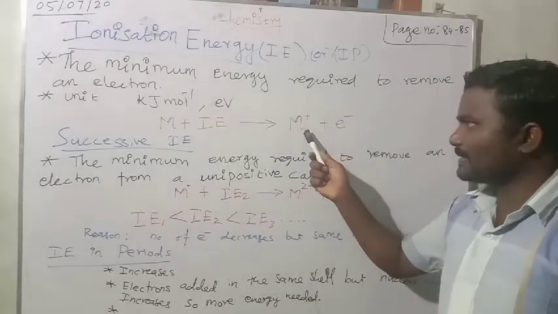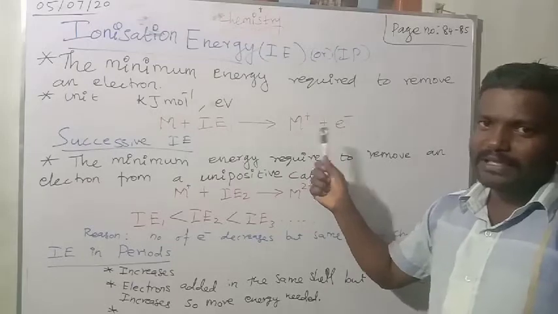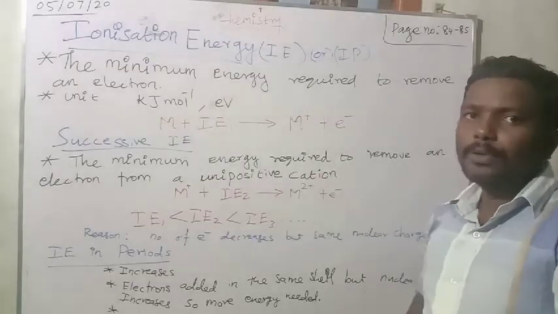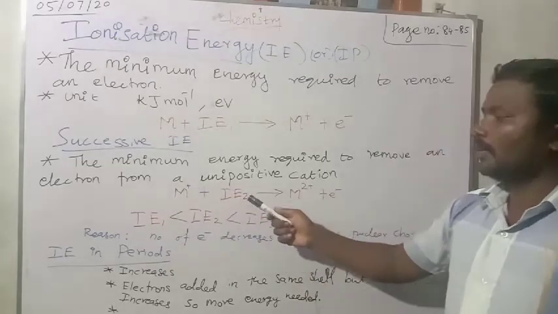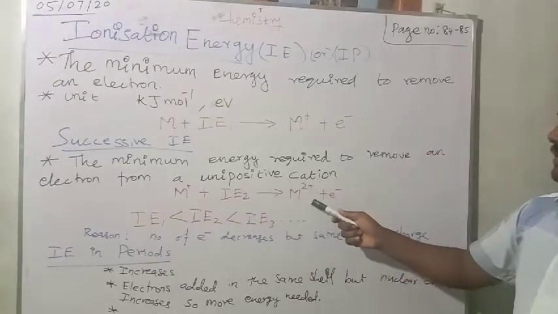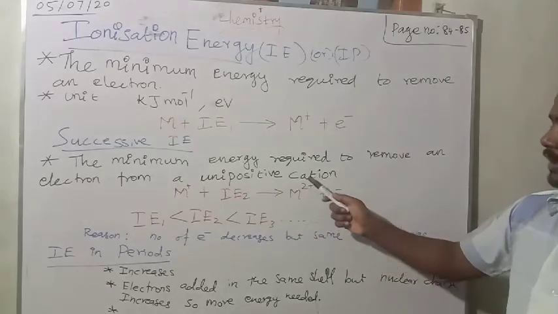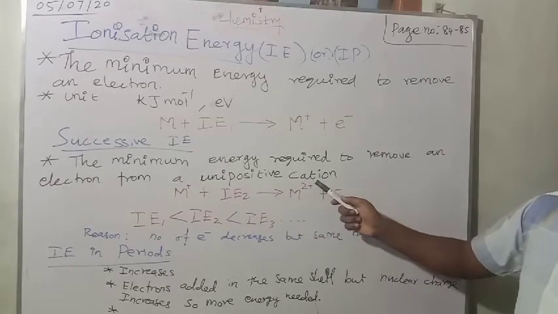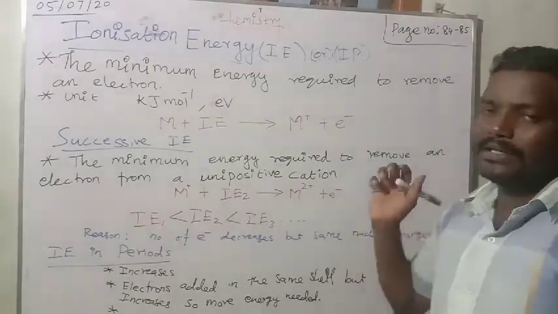That is M plus. Already M was in the neutral state; now M plus means the first time we have removed one electron. Again, from the unipositive cation you apply energy, that is called second ionization energy. If you remove one more electron, the plus 1 will increase to plus 2, so M2 plus, and one more electron is removed.